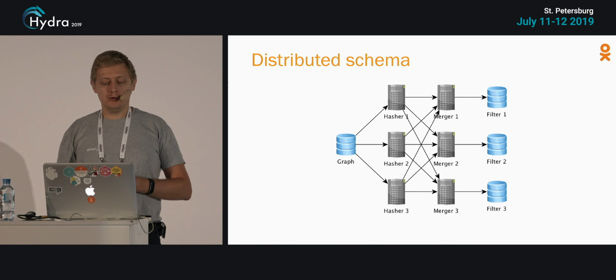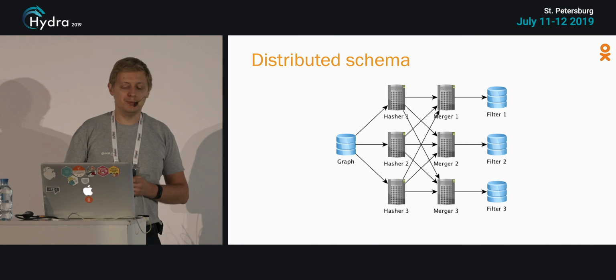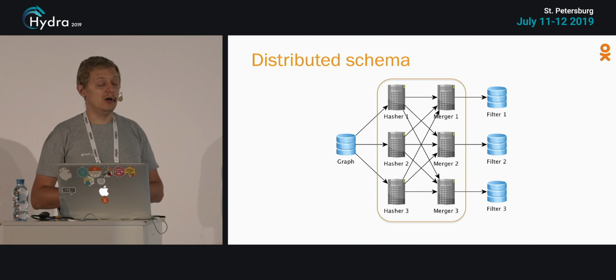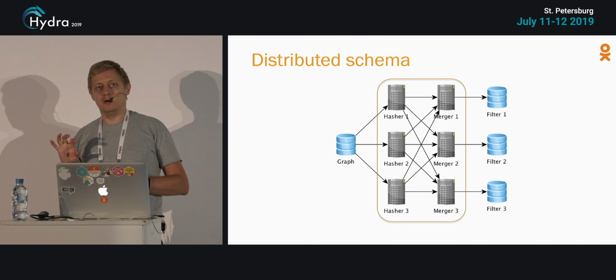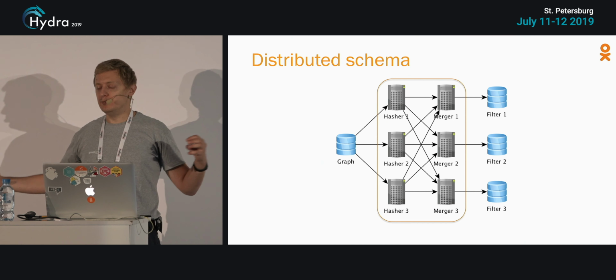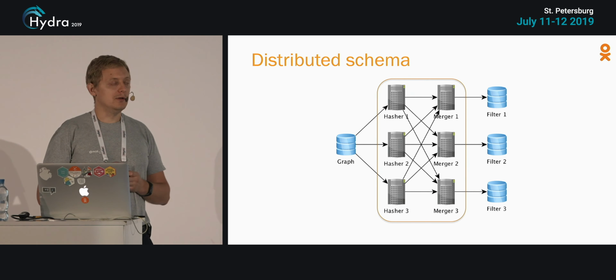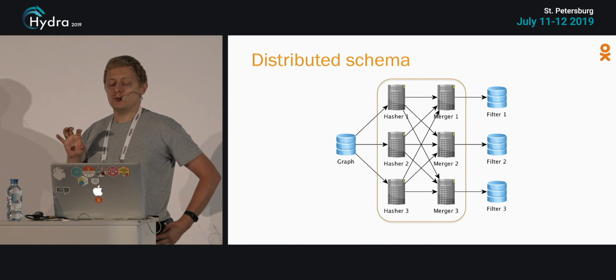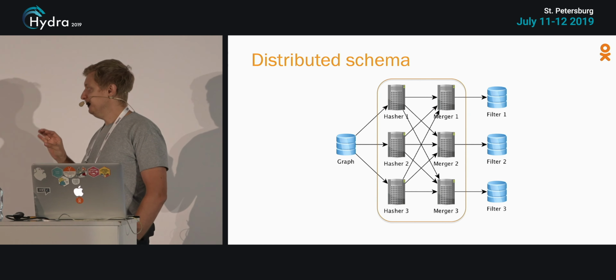But what we want to do is to create a fully distributed schema. Suppose that we divide the Bloom filter into ranges, because a Bloom filter is actually a very big bit set, and we can divide this bit set into ranges and make multiple mergers, each responsible for a certain fragment of the Bloom filter.